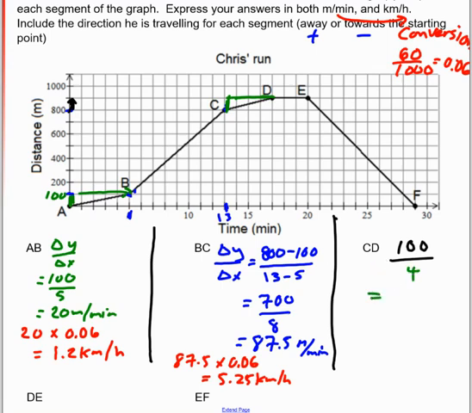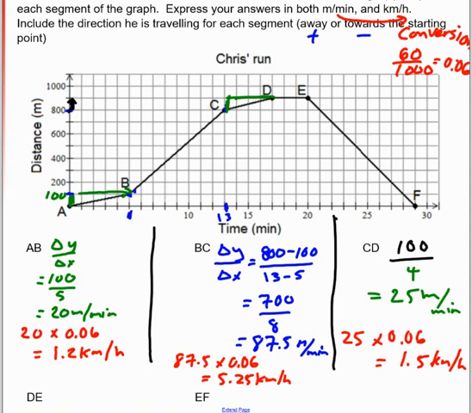So that's easy. 100 divided by 4 is 25 meters per minute. Okay, so we want to convert that. So 25 times 0.06 equals 1.5 kilometers per hour.